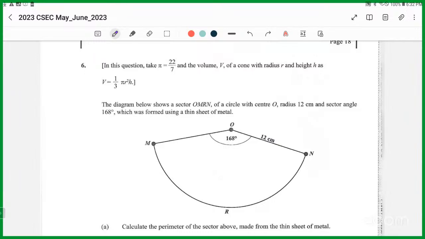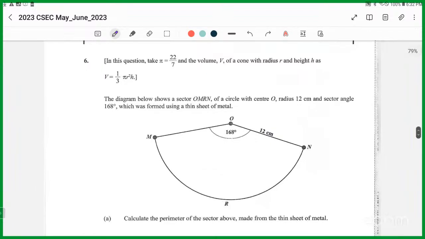The diagram below shows a sector OMRN of a circle, center O, and the radius is 12. The sector angle inside is 168 degrees. It's formed using a thin sheet of metal.